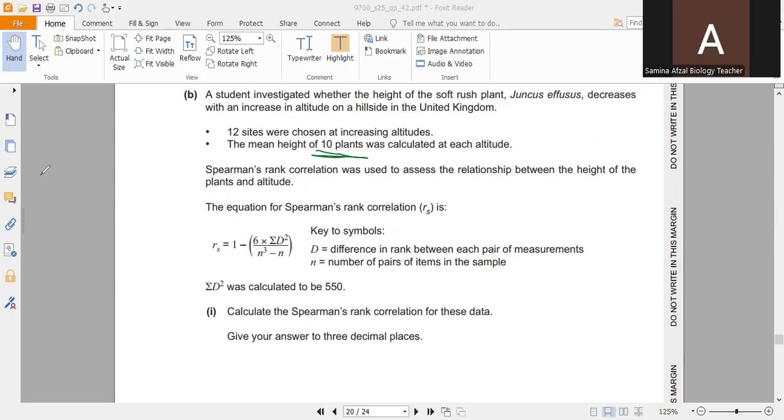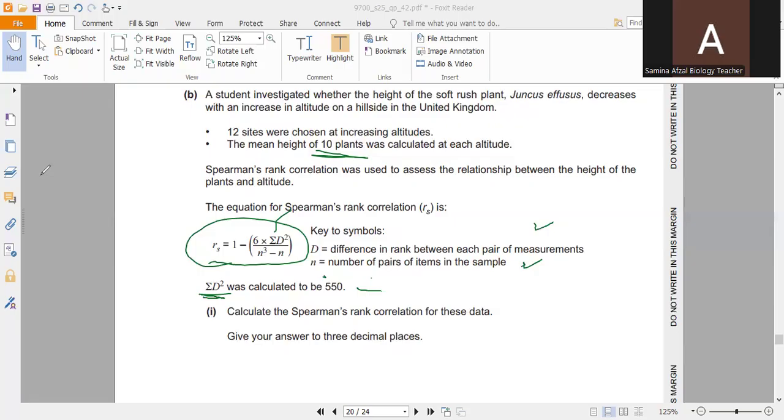In the key for symbols, D is the difference in the rank between each pair of measurements, n is the number of pairs of items in the sample, and Σ is the summation sign. Σd² was calculated to be 550. Calculate the Spearman's rank correlation for this data. Give your answer to 3 decimal places.